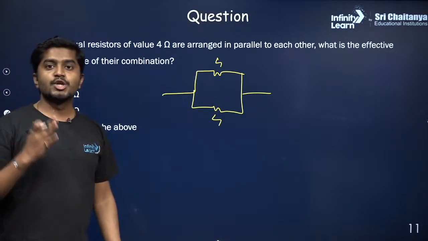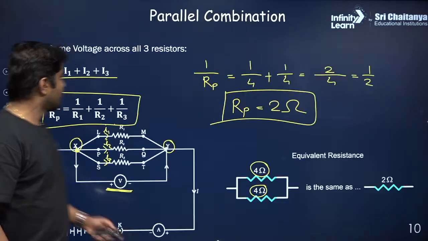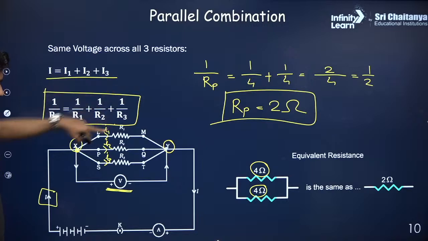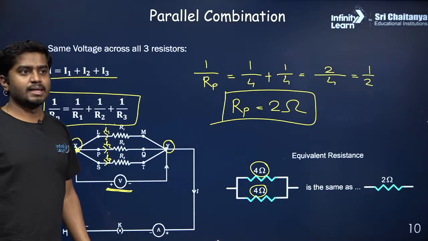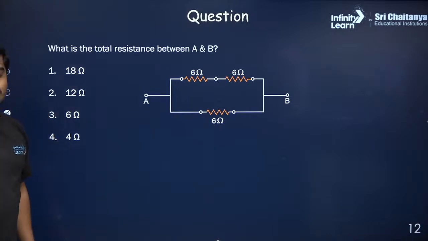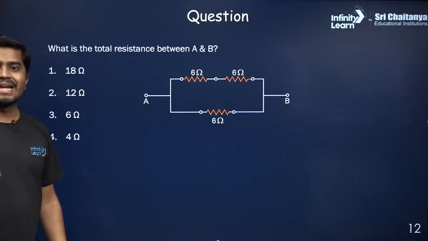How will you solve it? Using the parallel formula: 1 by Rp is 1 by R1 plus 1 by R2 plus 1 by R3. Okay, now solve this. There are some numericals we are going to solve. For every numerical, I'll give you 30 seconds. I cannot give you a lot of time. Try to solve.